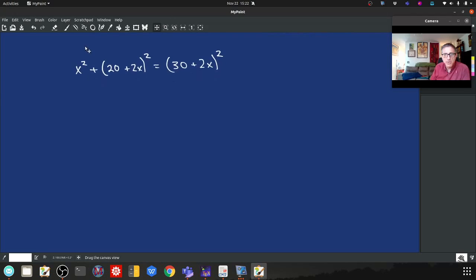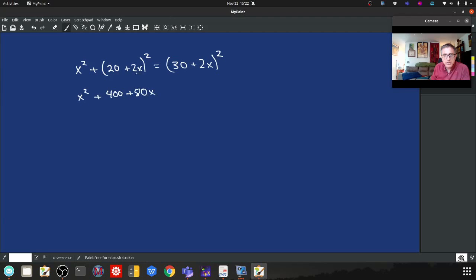So this is my formula. It's going to result in a quadratic equation. So this is x squared. Now using special products, (20 plus 2x) squared is 20 squared, which is 400. The middle term is 20 times 2x times 2. Well, 20 times 2x is 40x, times 2 is 80x, plus 80x.